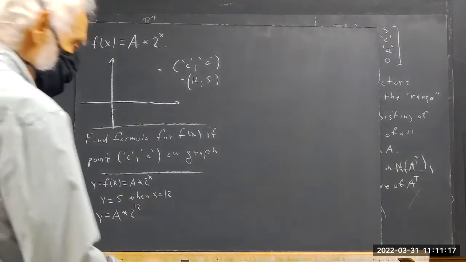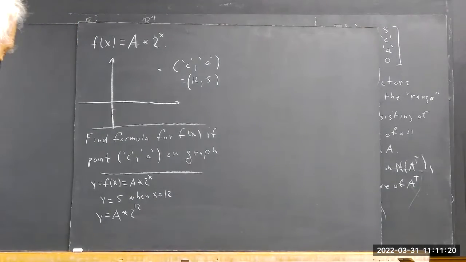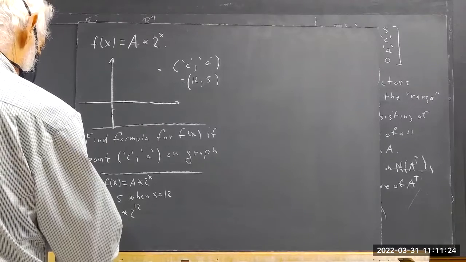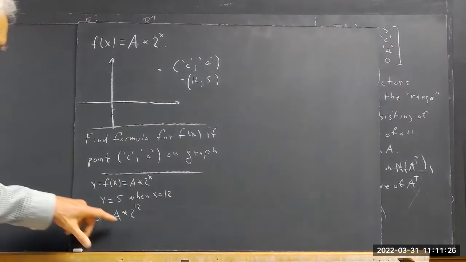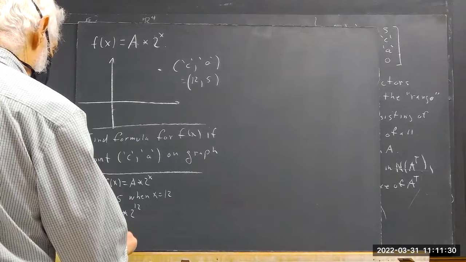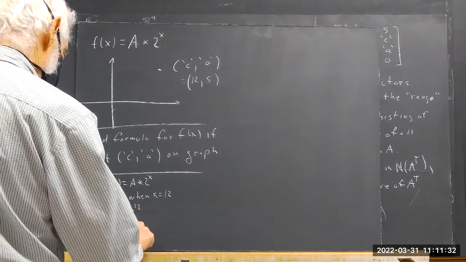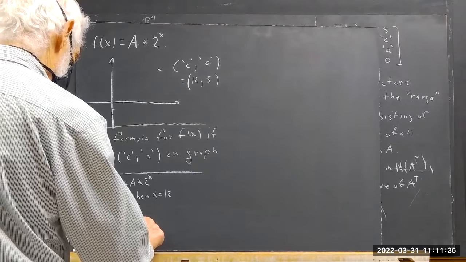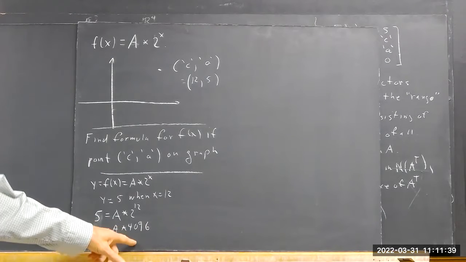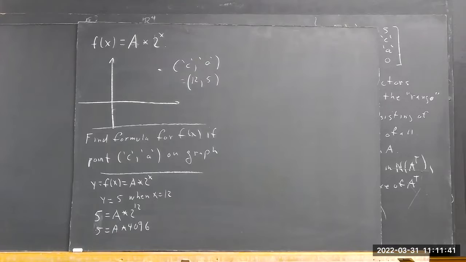So 2 to the 12th takes a little bit of calculation. And that's not y, y is 5. Okay, 5 equals a times 2 to the 12th. 2 to the 12th is, everybody should know that's 4,096. Well, not really, but pretty easy to find that.